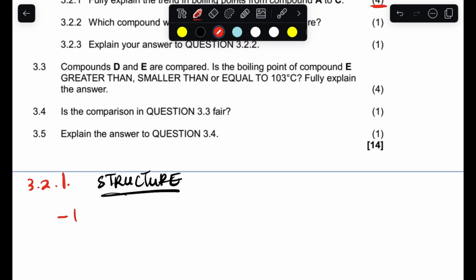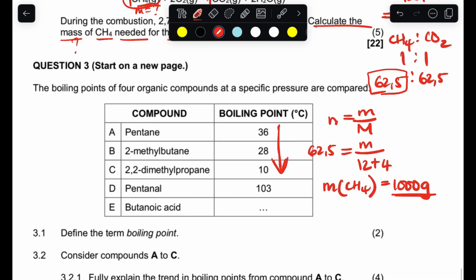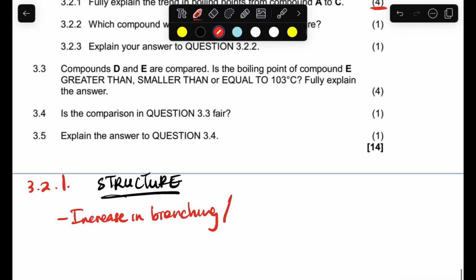So what you can say there is increase in branching, or you can say as they go down, they're becoming smaller and smaller, they're becoming more branched. There's a decrease in what? Decrease in surface area, or you can say they are becoming more spherical.